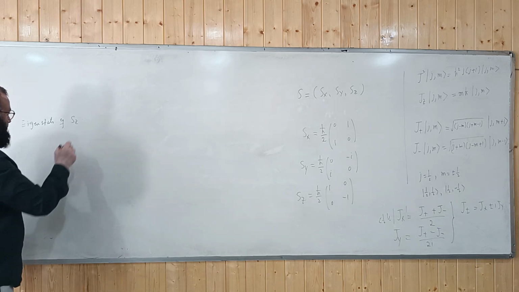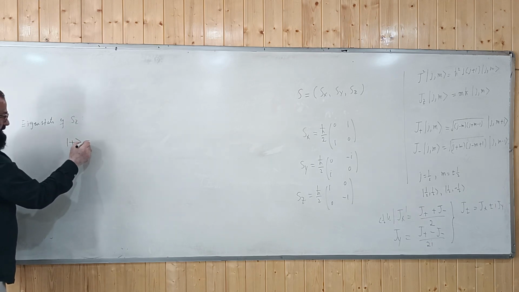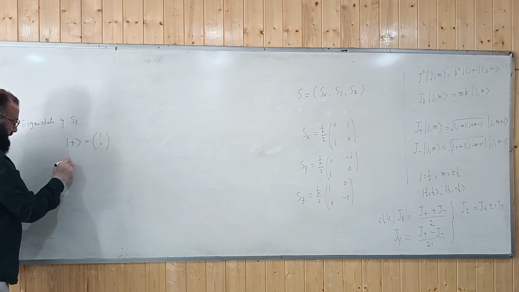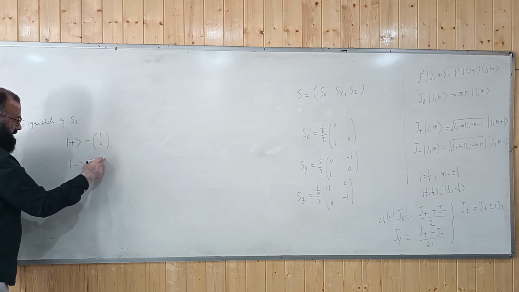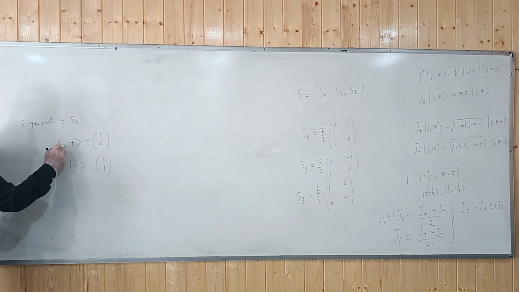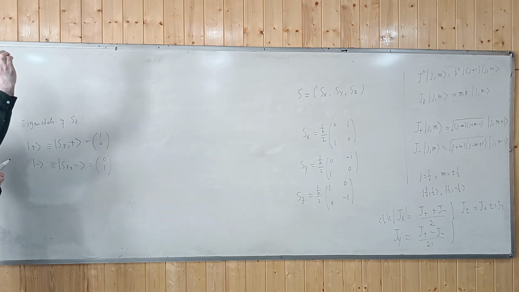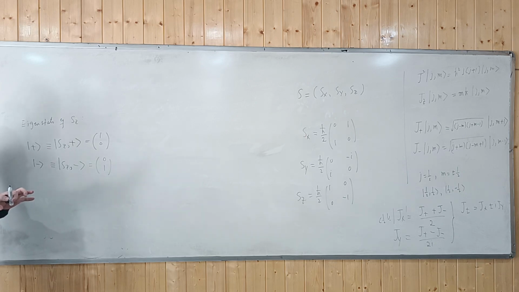Let me write one eigenstate this way, (1, 0), and another eigenstate, (0, 1), like this. Let's say, what does it mean? It means your spin is oriented either along the plus z direction or along the minus z direction. Clear?